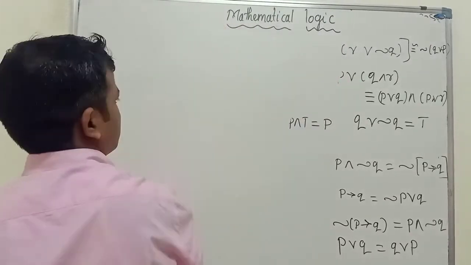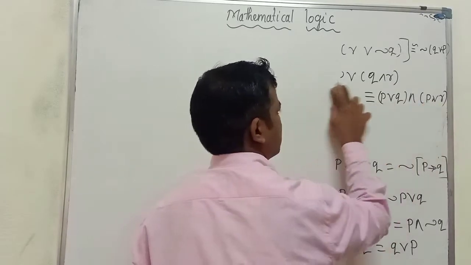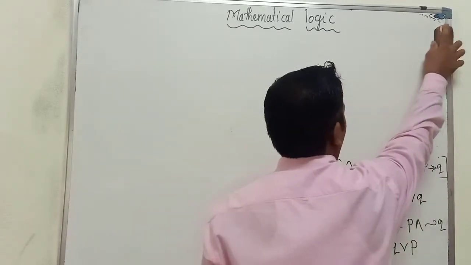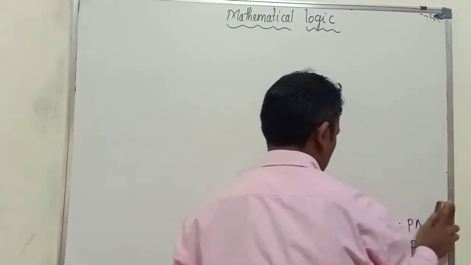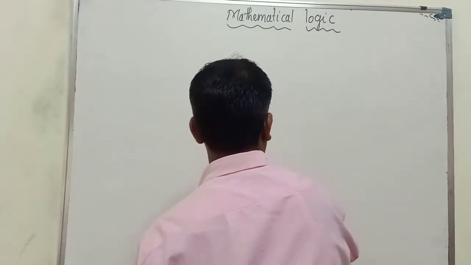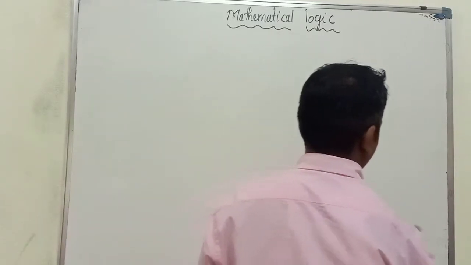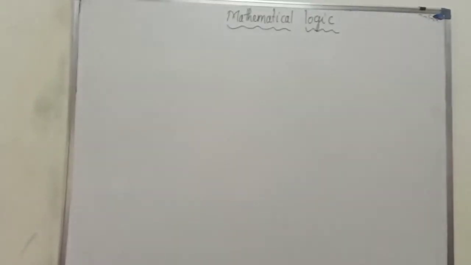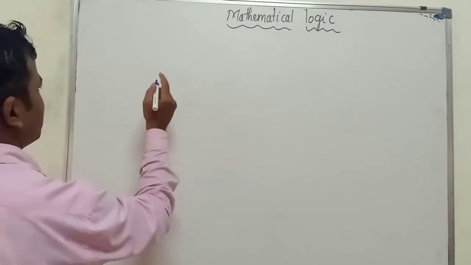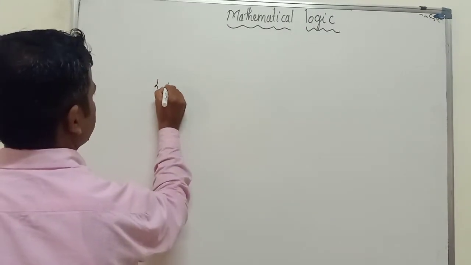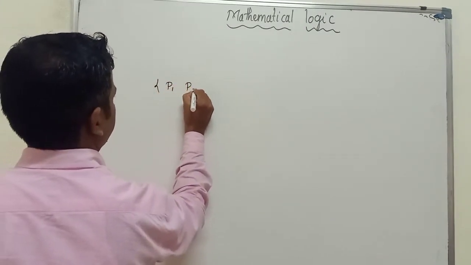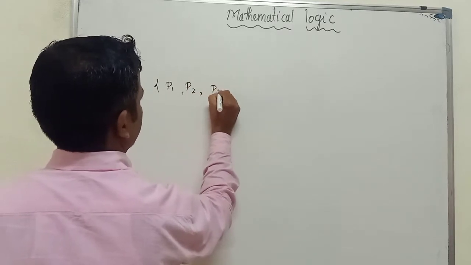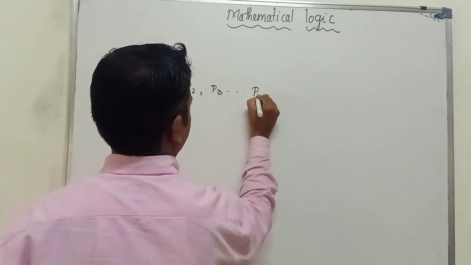So first we have to know about the argument. A valid argument: a given compound statement is an argument. Suppose we have a set of statements, for example P1, P2, P3, and so on up to Pn.